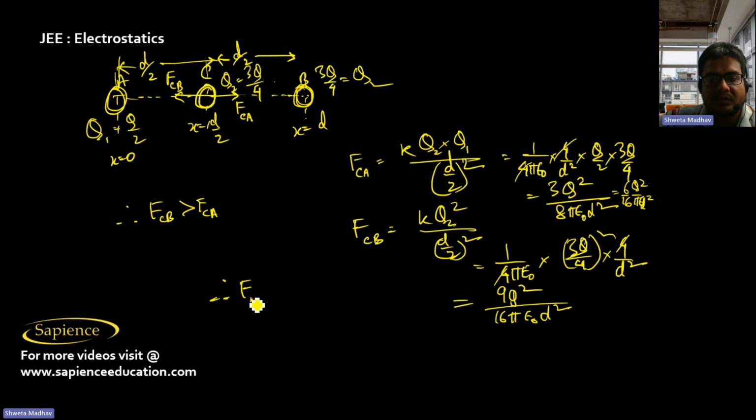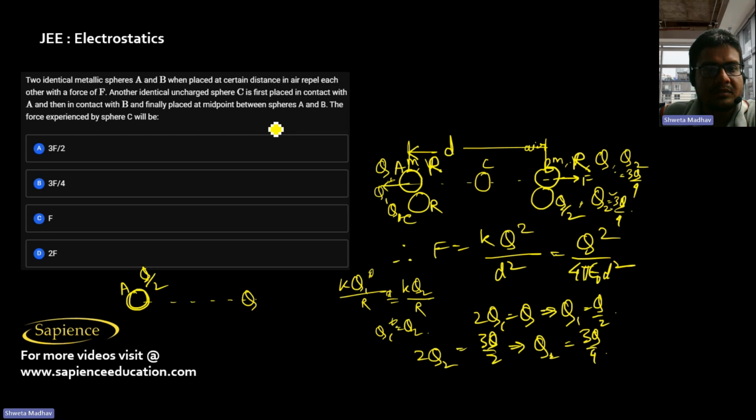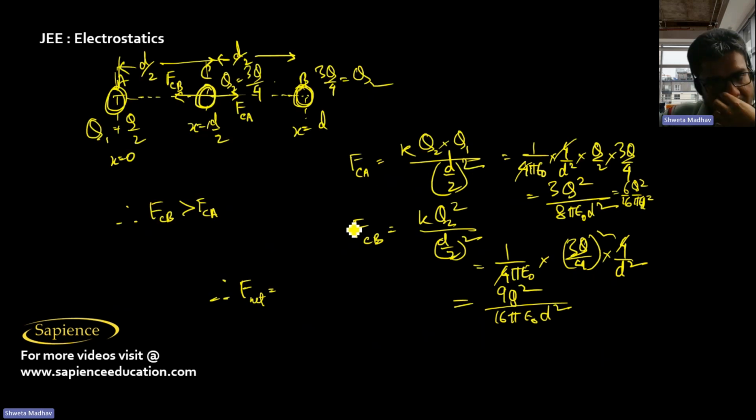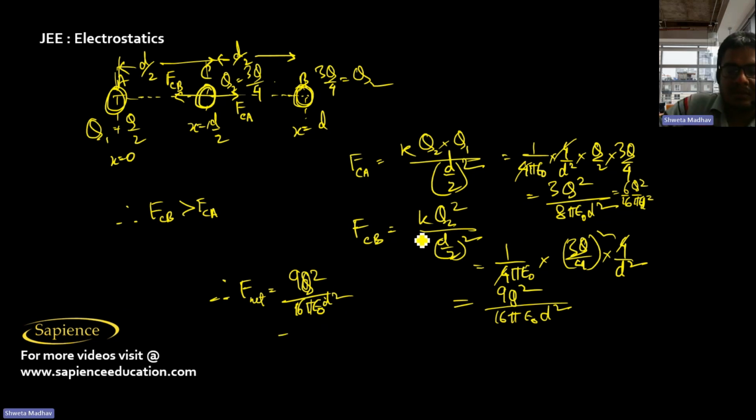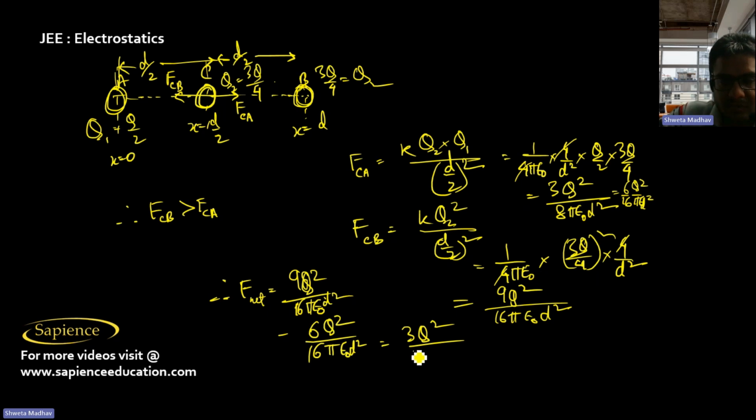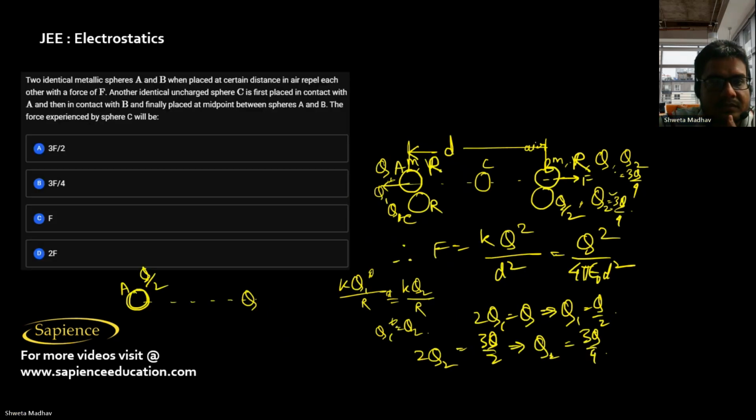So therefore the net force acting on the sphere C will be equal to FCB, which is 9Q square by 16 pi epsilon naught d square, then minus 6Q square by 16 pi epsilon naught d square. So which will be equal to 9 minus 6 is 3Q square by 16 pi epsilon naught d square. So this is the net force which is acting.